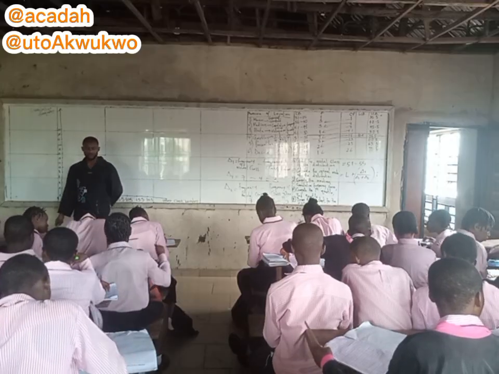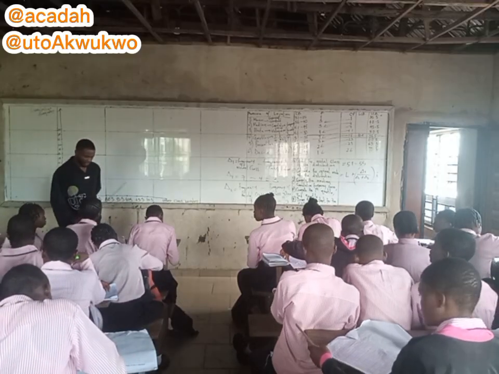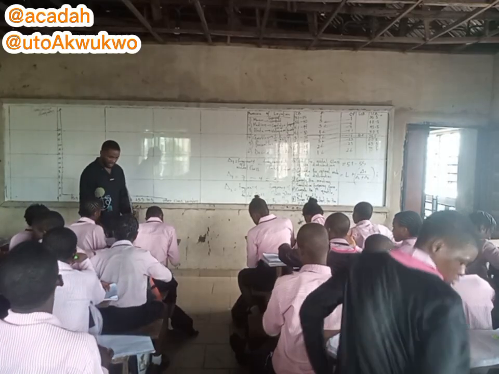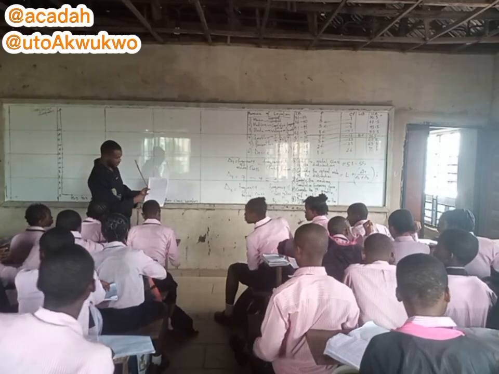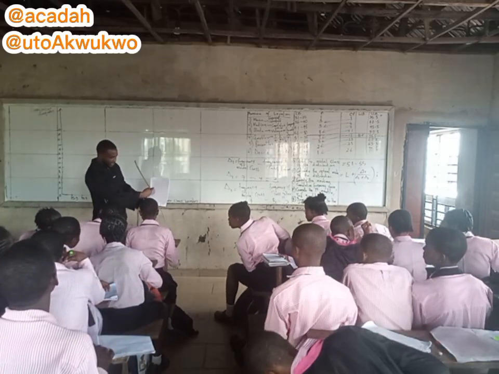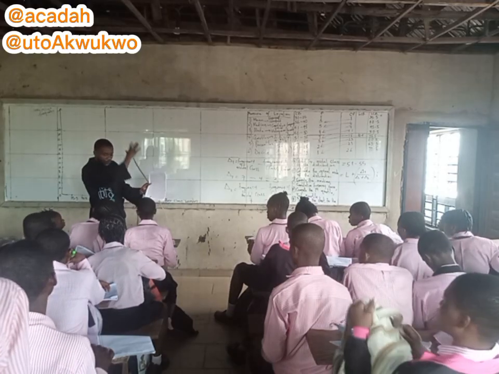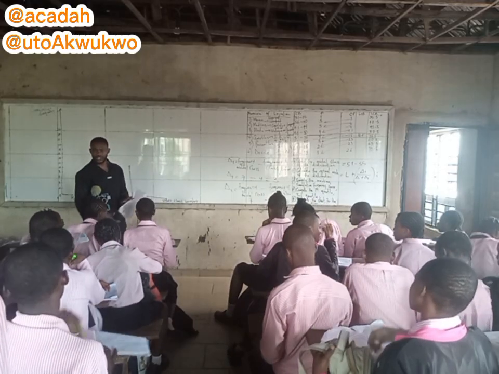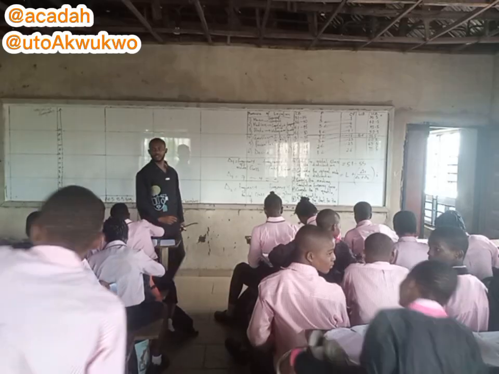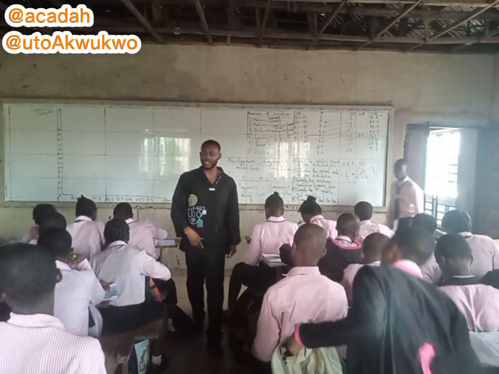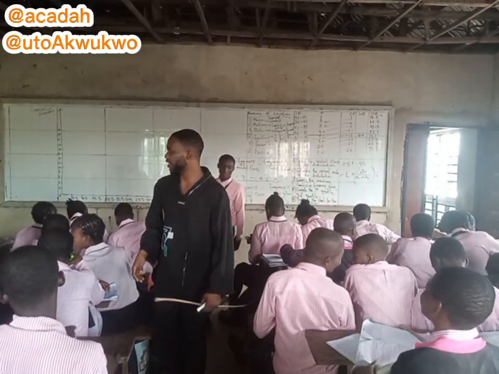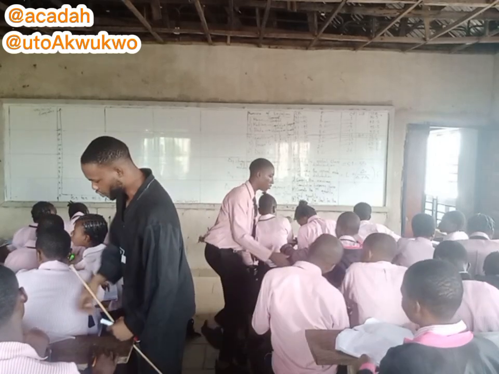When you go home, whatever we do today, you still make sure you are practicing. This is not right. Let it cover the full graph notebook. You should exceed half of that graph notebook. It's not good.